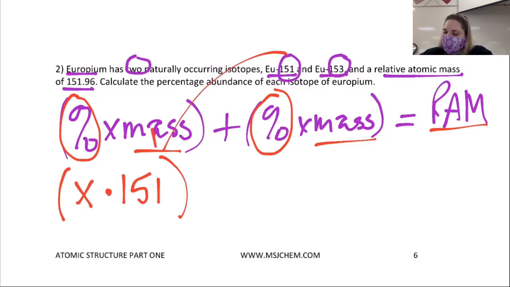X times 151 plus, now this one, I don't want to call it X because it's a different percent.